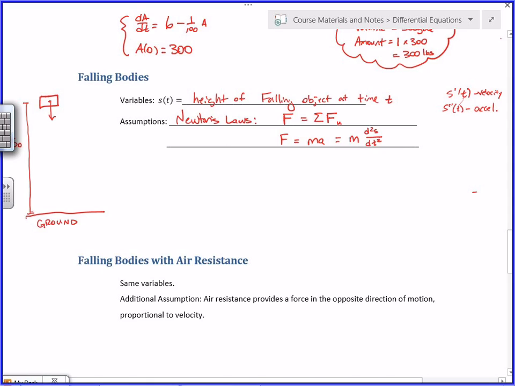We'll also use the fact that acceleration due to gravity is a constant g.